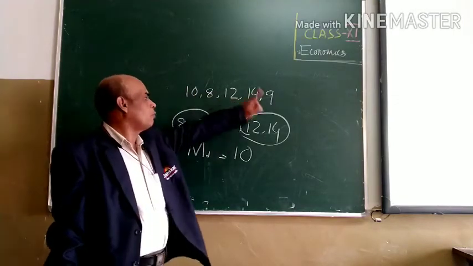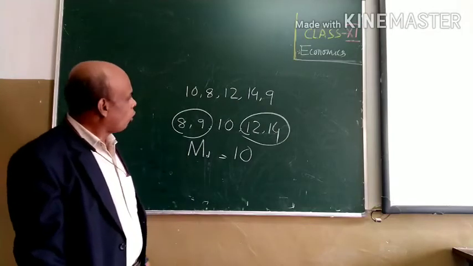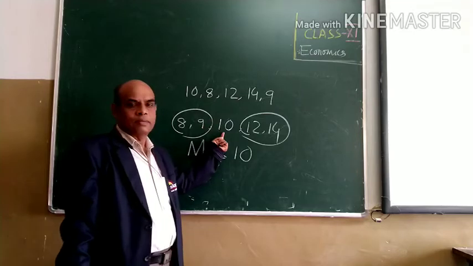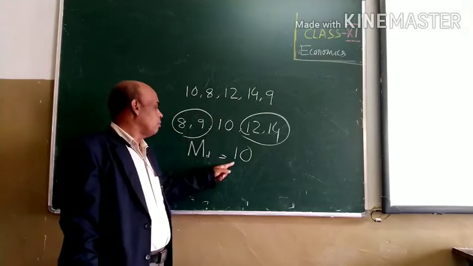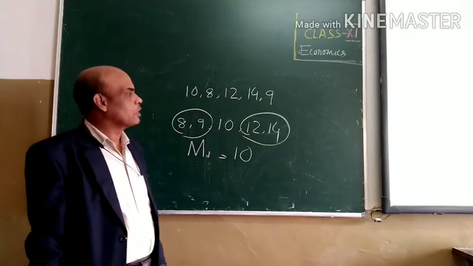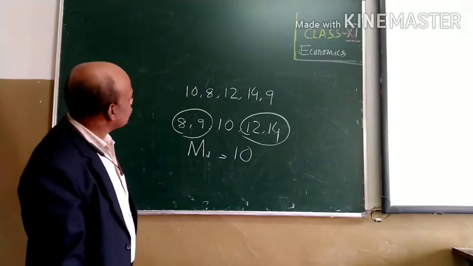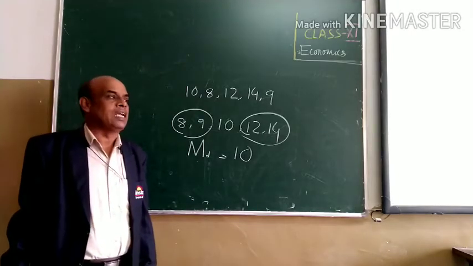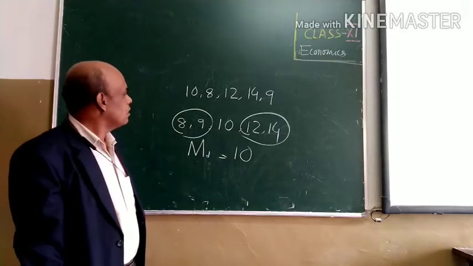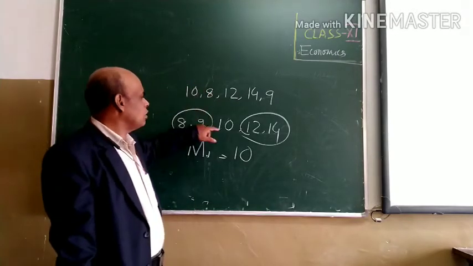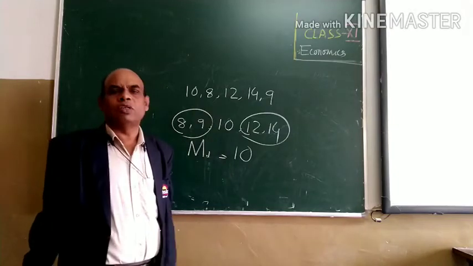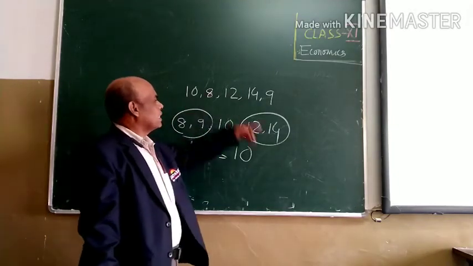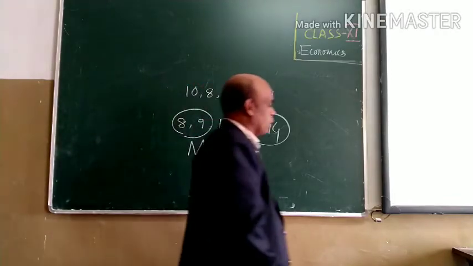For an odd number, generally the middle data will come as the median. First you have to write the data in ascending order, then whichever comes in the middle will be the median. Suppose the data is in even number.